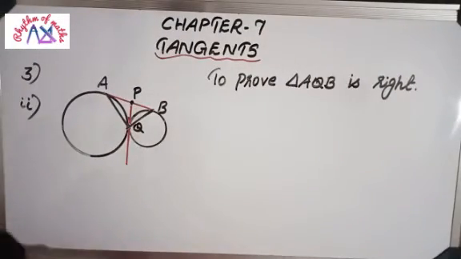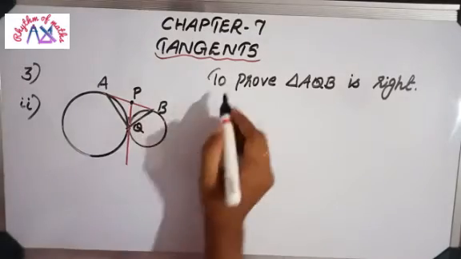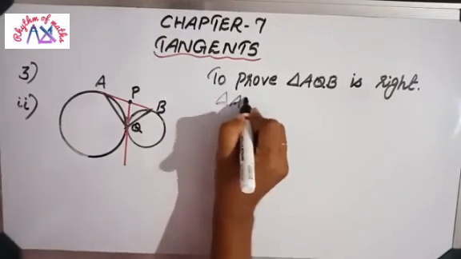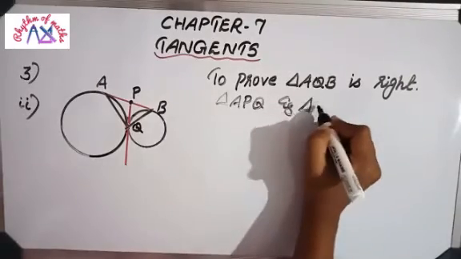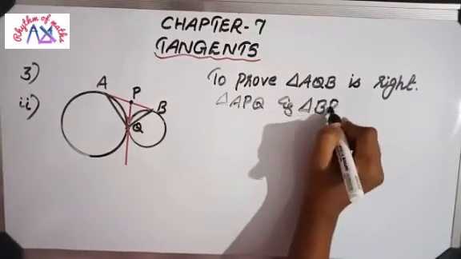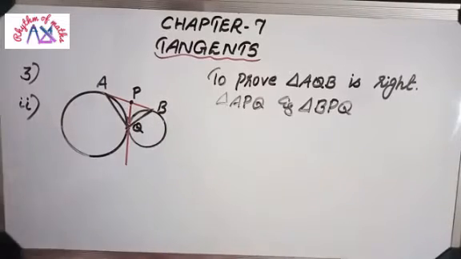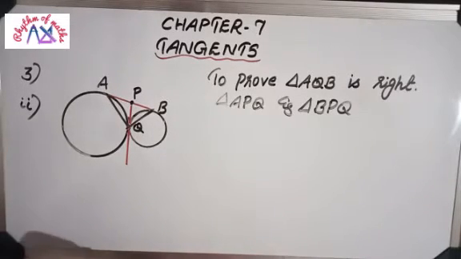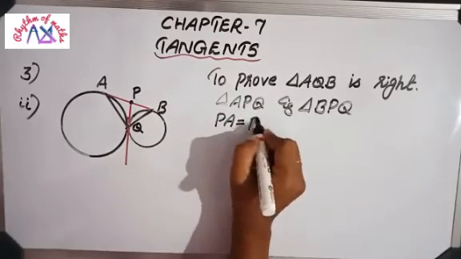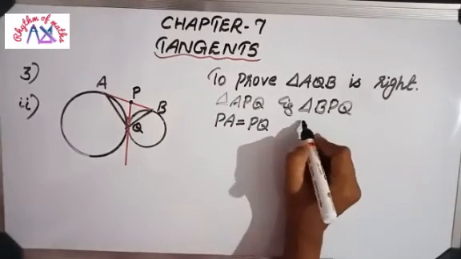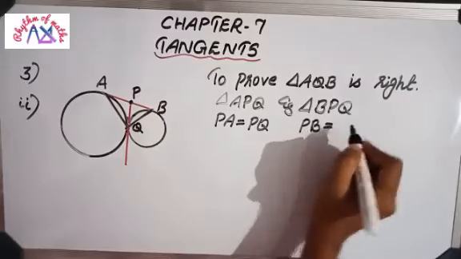So for that, let's consider two triangles. First one, triangle APQ and triangle BPQ. These two triangles let's consider and check, can you see any similarity between these two triangles? In the first sub question we already proved that PA equal to PQ, and PB equal to PQ.